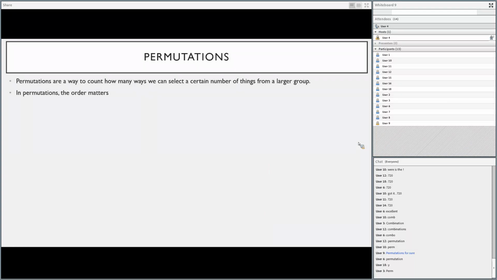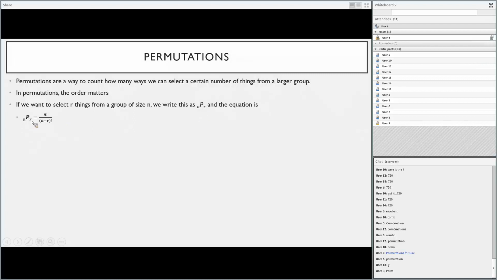All right, any questions about permutations or combinations before we talk more in detail about permutations? Okay, so in permutations, again, the order matters. Now, this is the formula for permutations. If I want to select r things from a larger group of size n, I write the notation as a little tiny n on the left-hand side of a capital P and then a tiny little r.